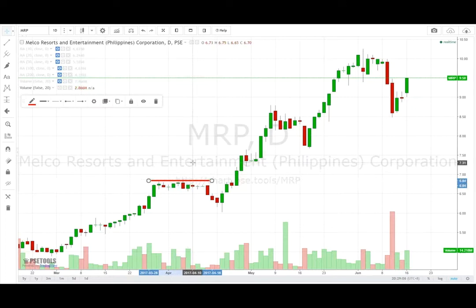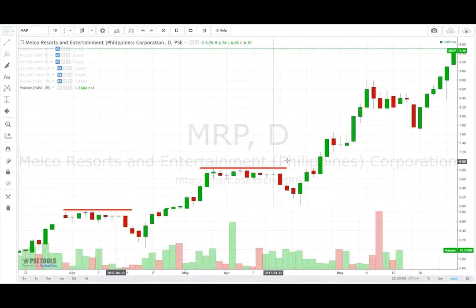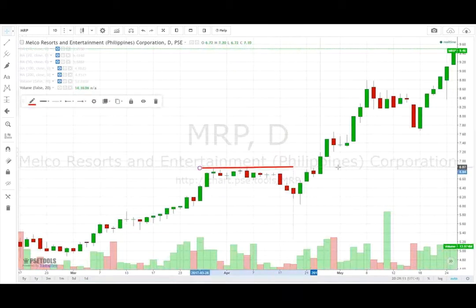Whether you include the wick or just the body, that's fine, it's up to you. So that's resistance. Oh, there's actually a point there, so that's better. When it broke, the price went up continuously. That's called a breakout from resistance.